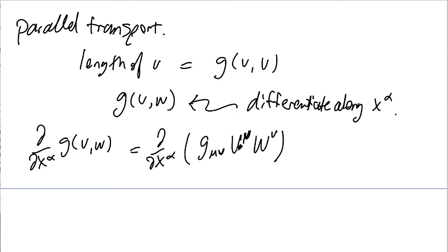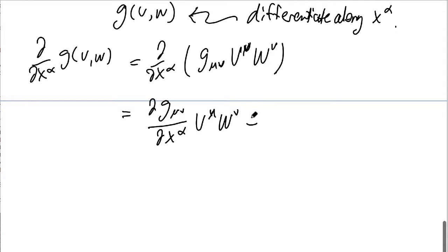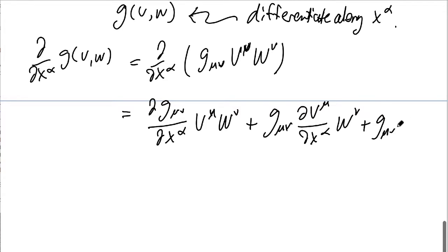And like any derivative, this satisfies the product rule. So this is the partial of the components g mu nu with respect to x alpha, times v mu w nu, plus g mu nu times partial v mu with respect to x alpha times w nu, plus g mu nu v mu times partial w nu with respect to x alpha.